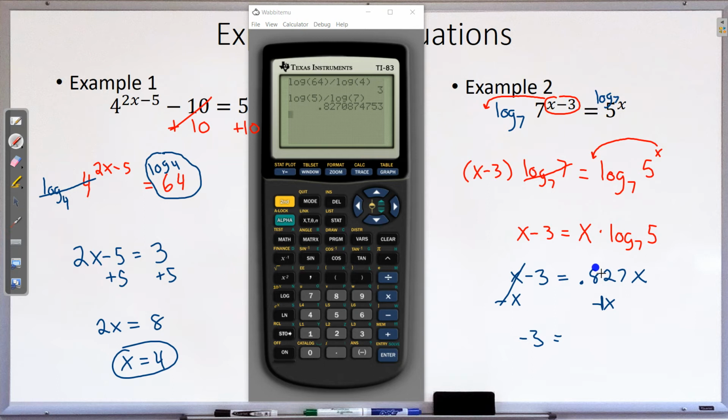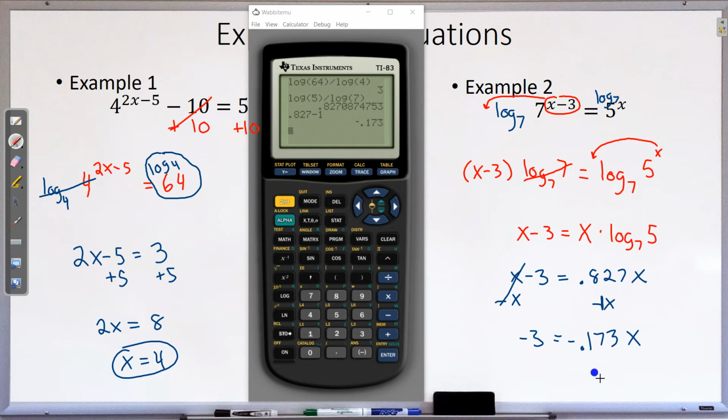and so we have to combine a negative 1 and a 0.827. So that is just 0.827 minus 1, which is negative 0.173. Gonna have to get used to some decimals with these. These problems rarely work out nicely like the first one did.